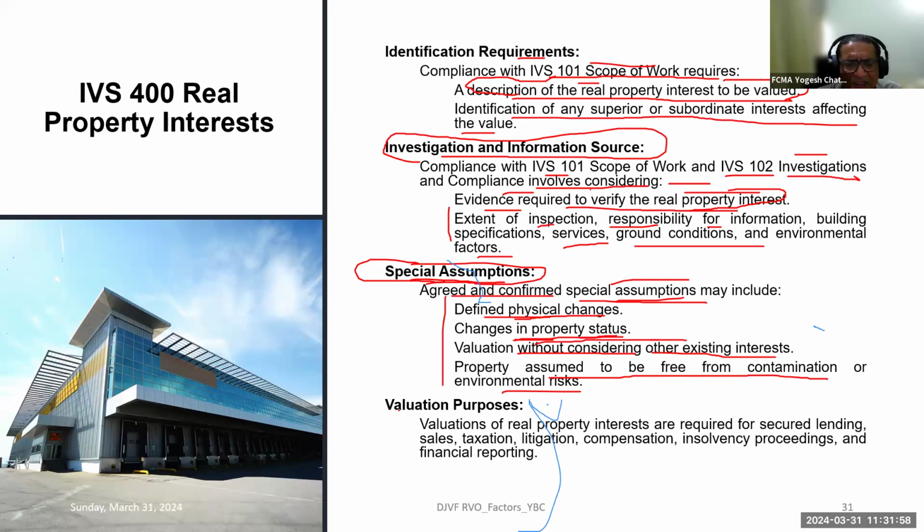All these are special assumptions. And then the purpose of valuation: that is required for secured lending, as we all are aware. For borrowing purposes, valuation of land and building is required the most.